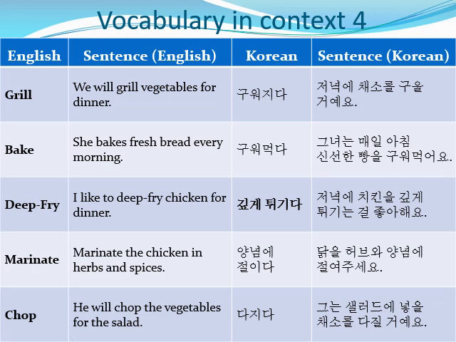Bake. She bakes fresh bread every morning. Deep fry. I like to deep fry chicken for dinner. Marinate. Marinate the chicken in herbs and spices. Chop. He will chop the vegetables for the salad.